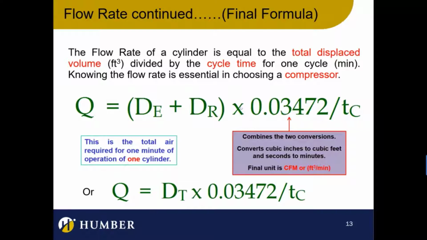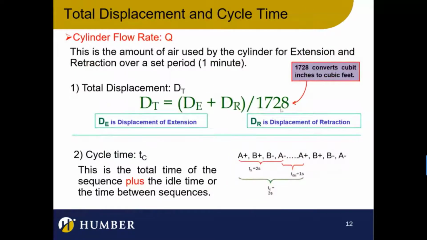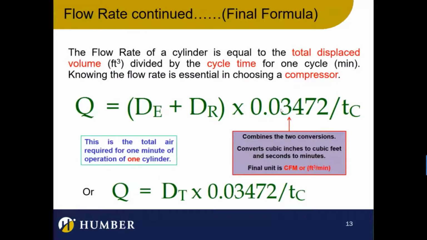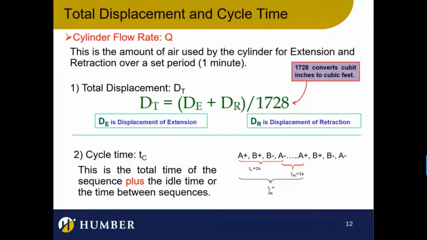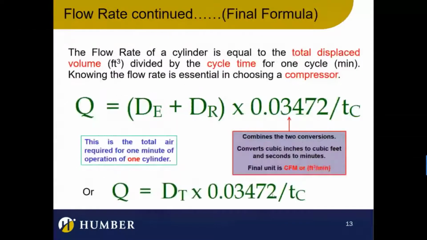So here's the displacement divided by time, which is a flow rate. In this case, I'm going to take the displacement and multiply it by this number. That number is not this number, it's a different number. Essentially, this is a factor that converts cubic inches into cubic feet, and seconds into minutes.